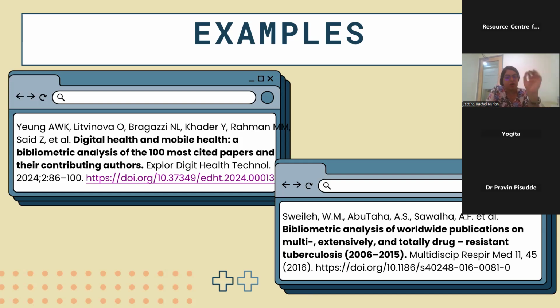Whichever papers on digital health have been published based on their search strategy, they have found these have received maybe thousands of citations. So they found those papers, they analyzed who their authors are, who they've worked with, which institutions they are part of, and the types of studies that they did.